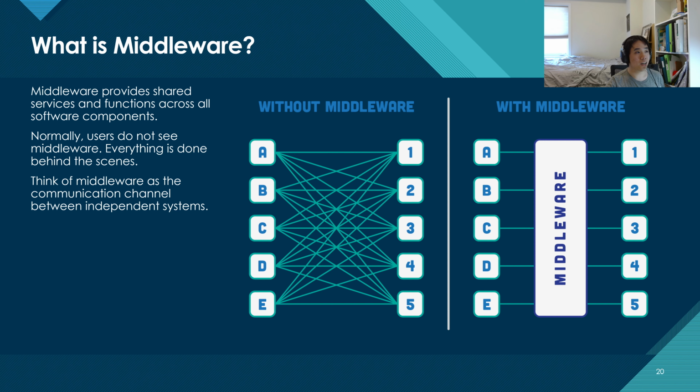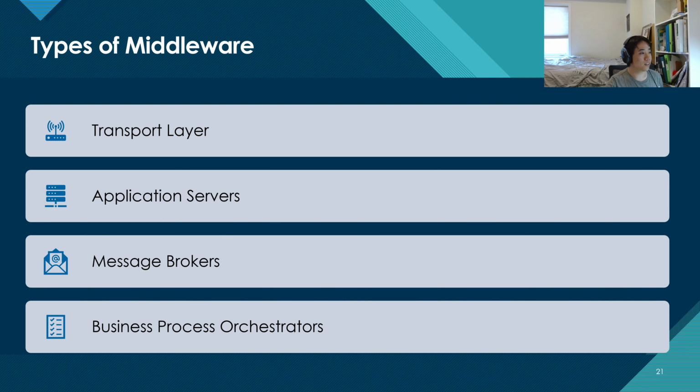Moving on. During the lectures, we were given transport layer, application servers, message brokers, and business process orchestrators as different categories of middleware. Let's take a look at some of them.